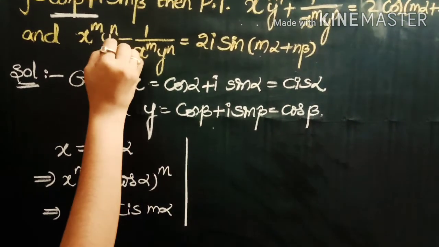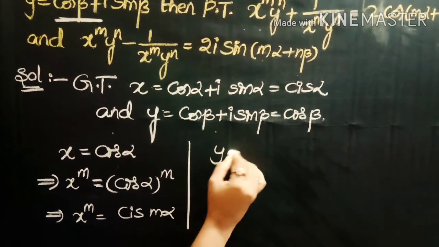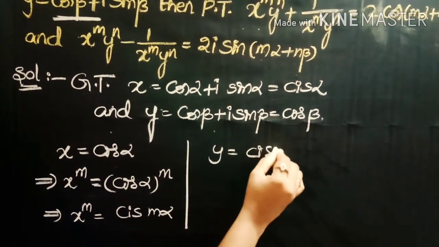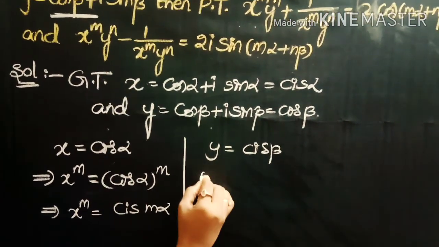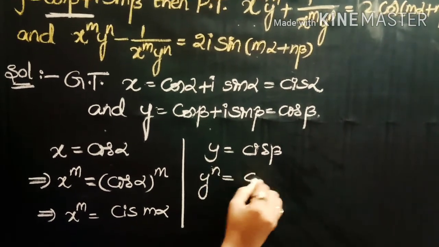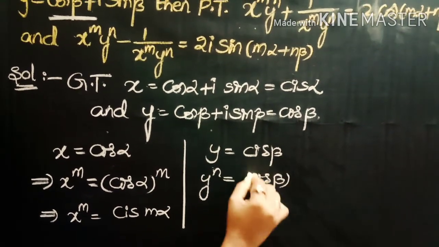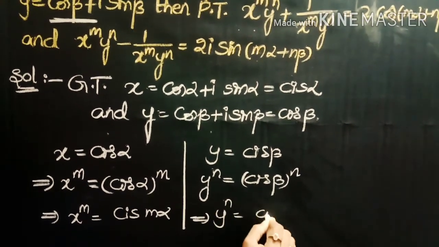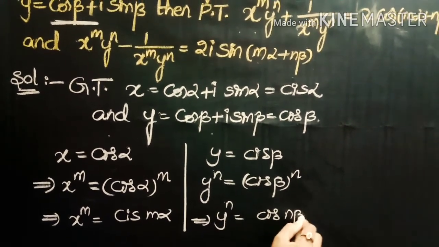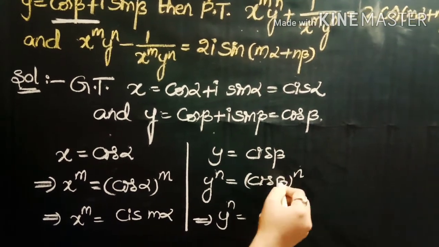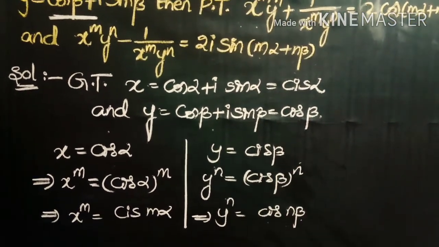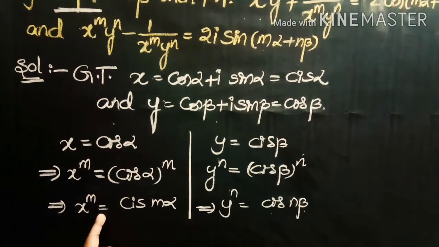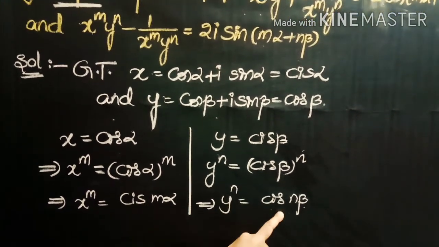And next taking the value of y^n. Clearly here we have y is equal to cis β. Now applying power n, y^n is equal to cis β whole power n, that is y^n is equal to cis nβ. Now this is the value of x^m and this is the value of y^n.